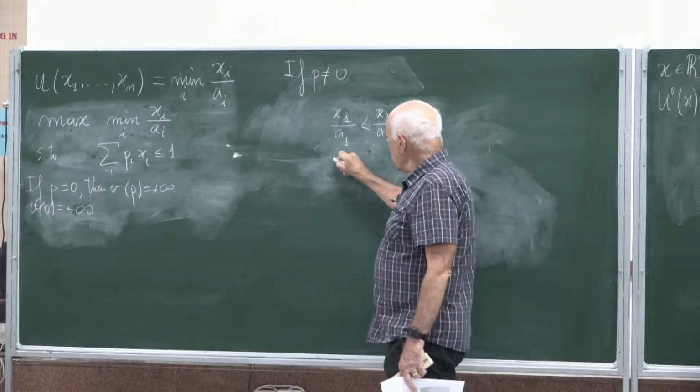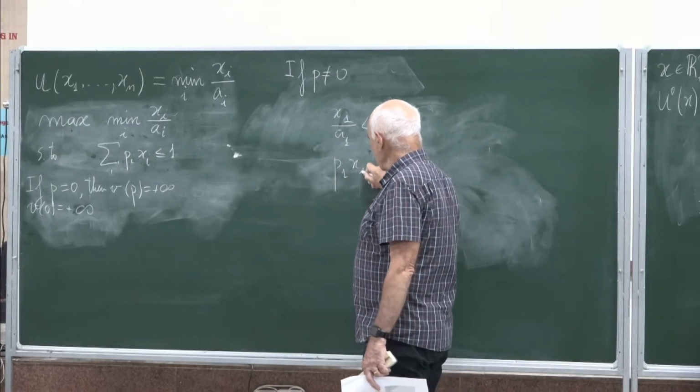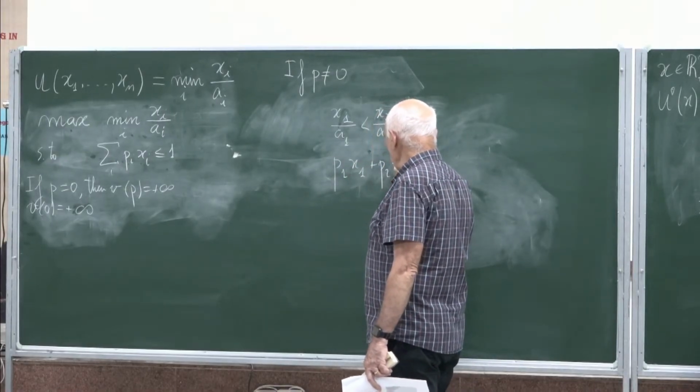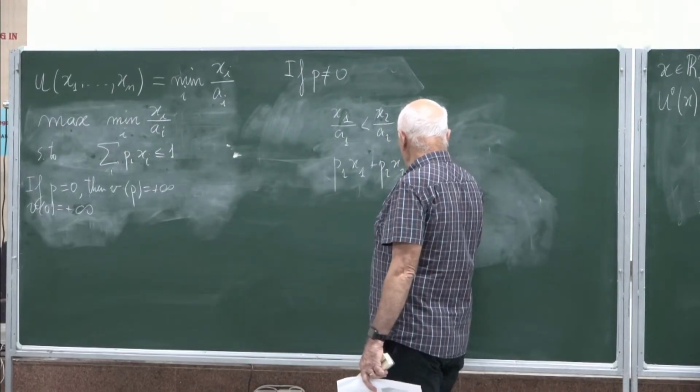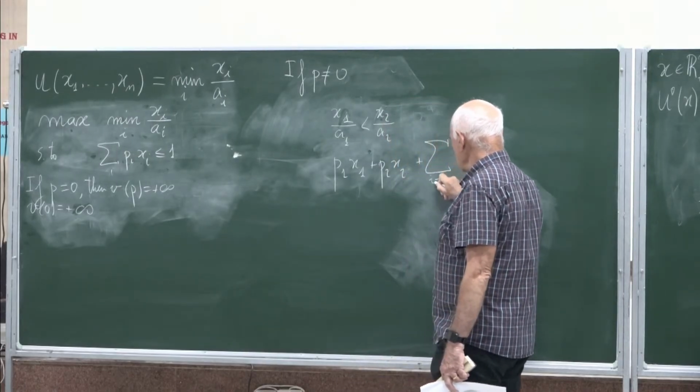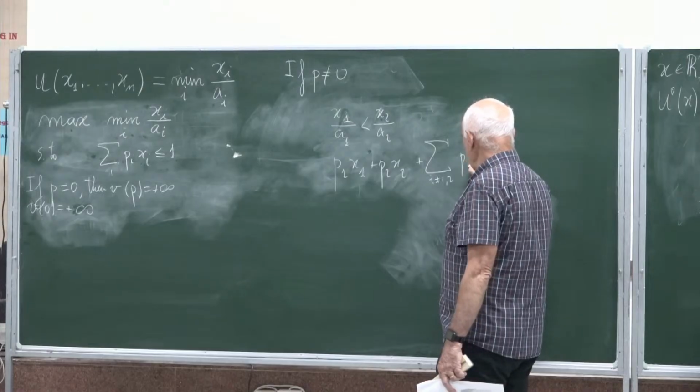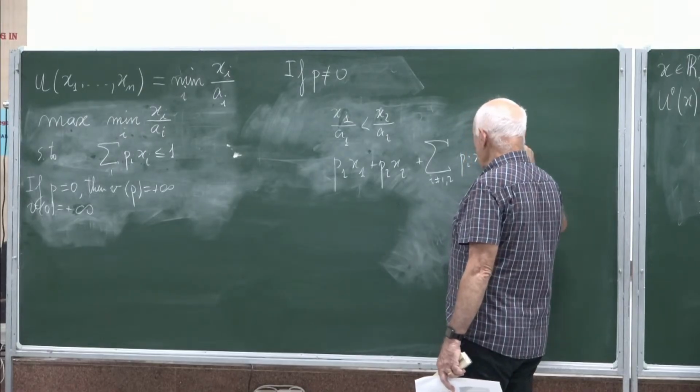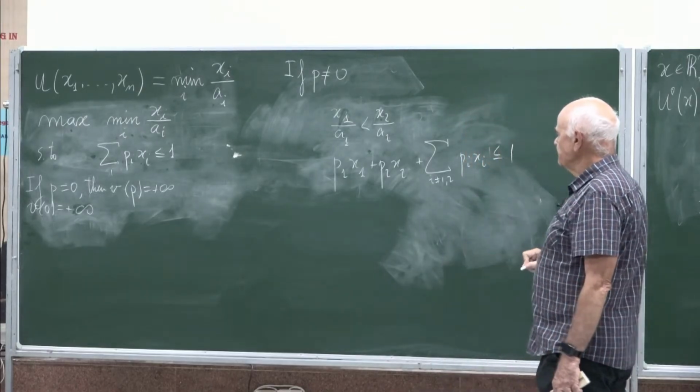The constraint says that p1x1 plus p2x2 plus the sum of the remaining pixi is less than or equal to 1.